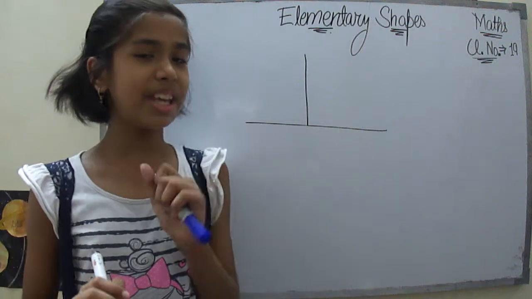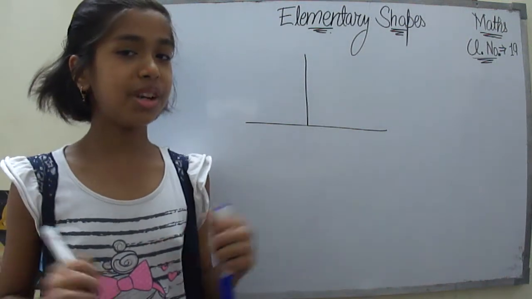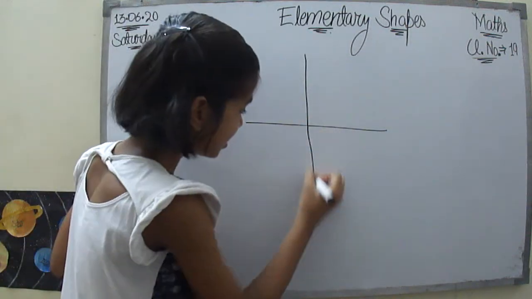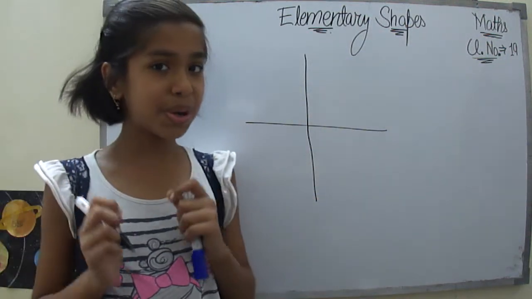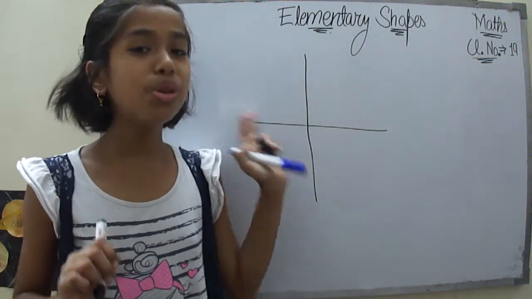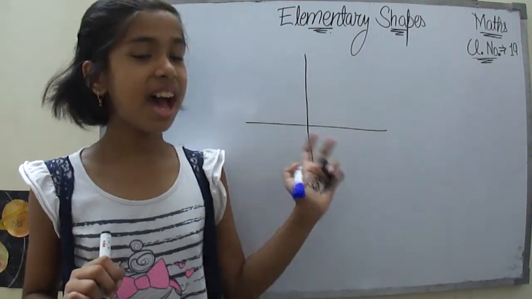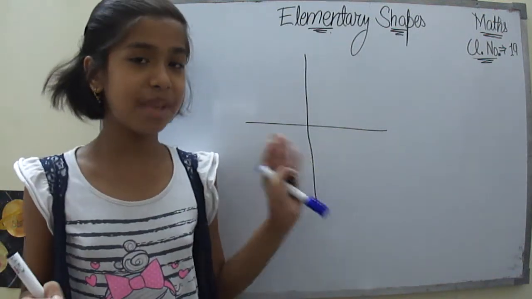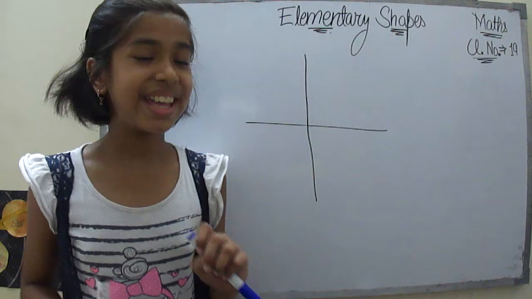What if I bring two perpendicular lines? What will I get? Something like this. So yes, these are two perpendicular lines. As you can see, how many 90 degree angles does this make? Yes, right.